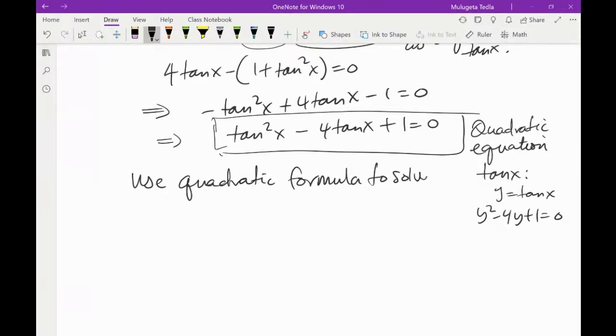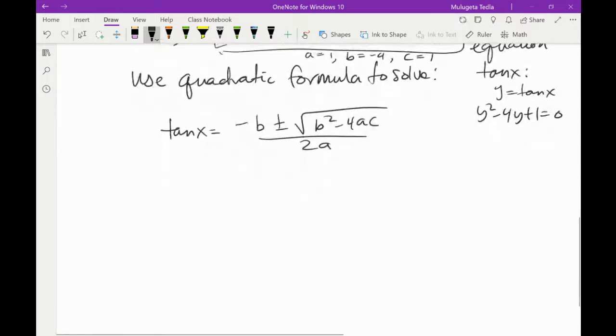To solve, the quadratic has A equal to 1, B equal to -4, and C equal to 1, and your y is tan x. Tan of x is equal to minus b plus or minus the square root of b squared minus 4ac, over 2a. You remember the quadratic formula?